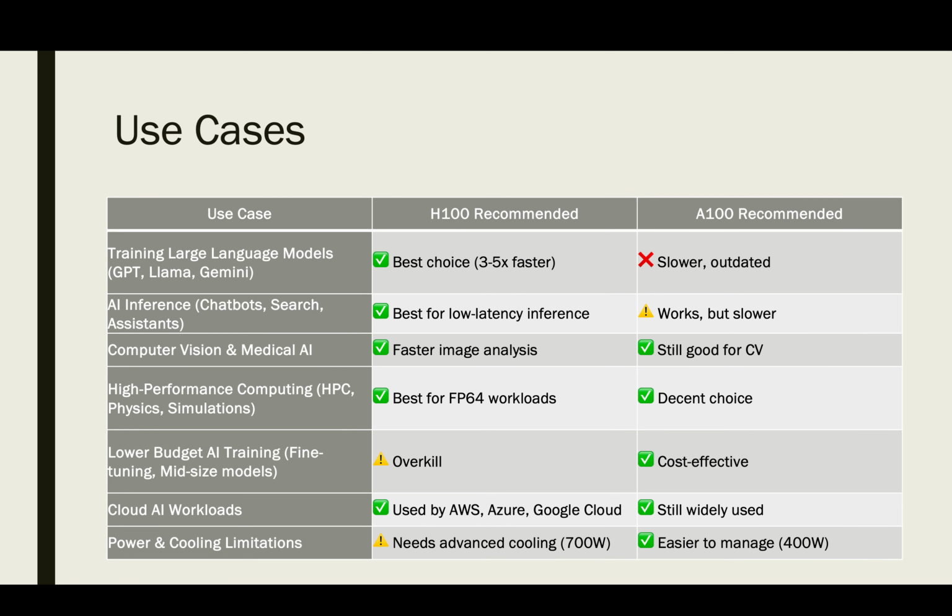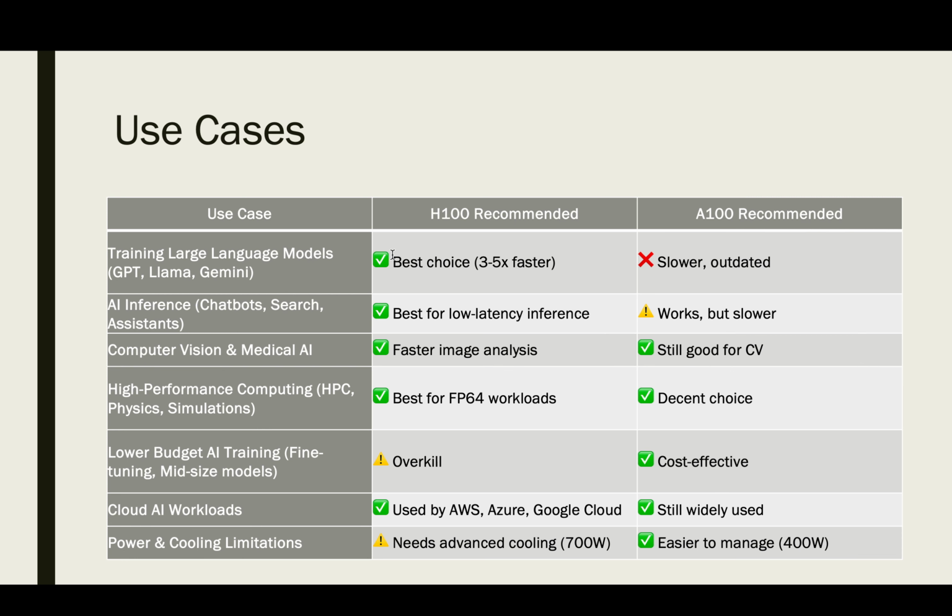Moving on, the key differences and advantages of H100 over A100. Performance boost for AI training and inference: H100 is 3 to 5x faster than A100 for training large models like GPT, Llama, and Gemini.